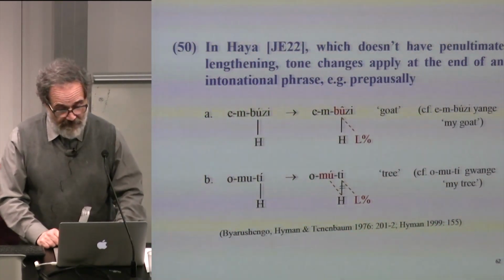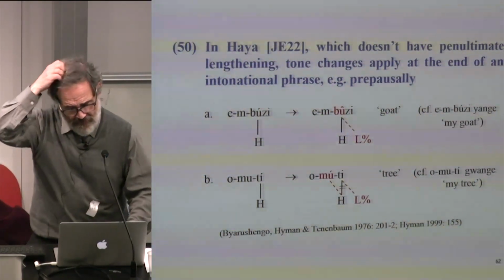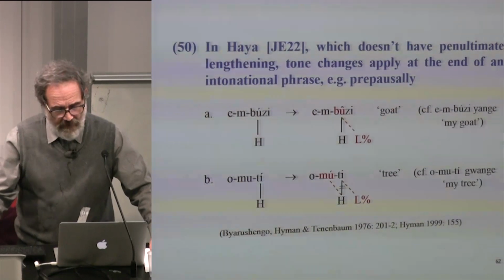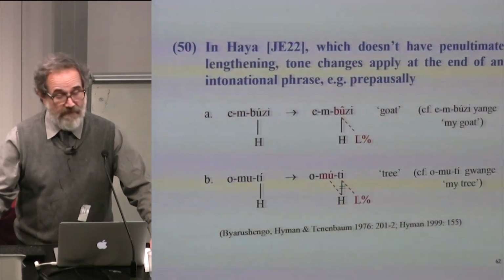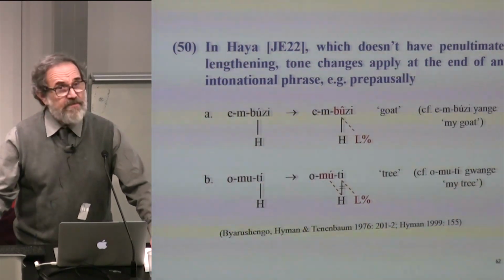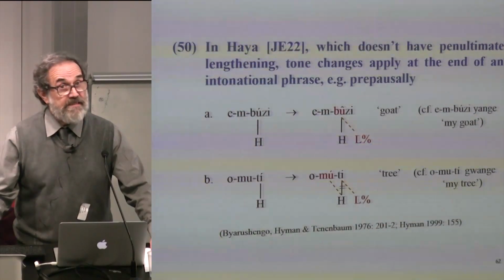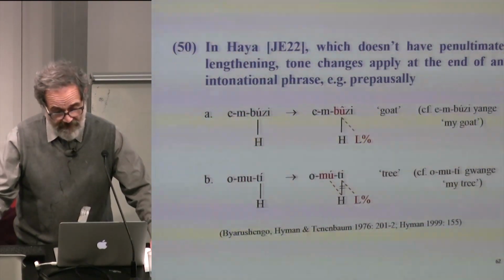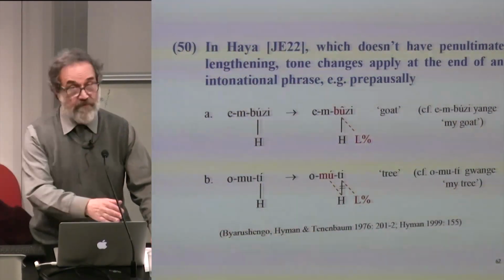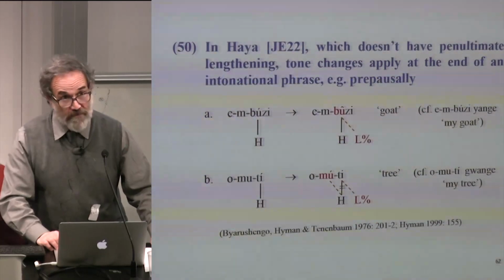But when it is final in its phonological phrase, or intonational phrase, let me call it that, you get a low boundary tone hooking onto it, and you get a falling tone on that penultimate syllable. On the other hand, if the word ends in a high tone, like tree, which has an underlying high on the root, what happens is that the boundary tone comes in again, but this time the high is shifted to the penult. So you get omuti, contrasting with mbuzi.